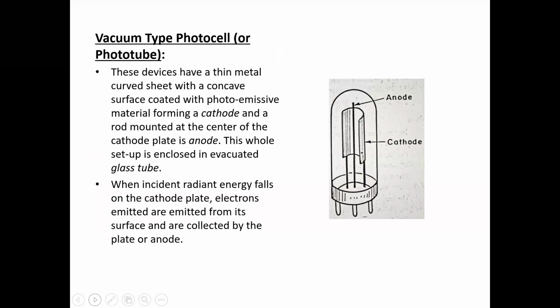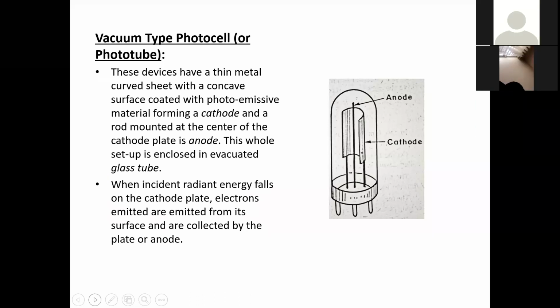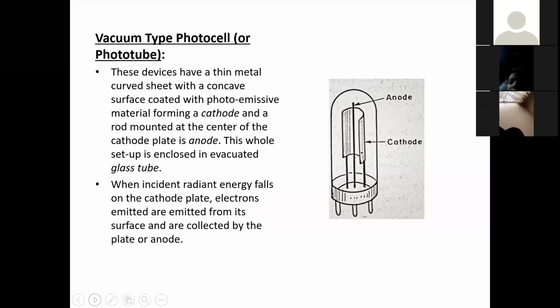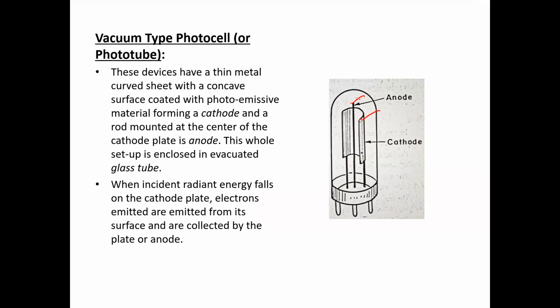For the vacuum type photocell, normally these are also called phototubes. Let me discuss the construction first. The construction is quite simple. There is a cathode terminal and an anode terminal, which are enclosed in a closed, actually evacuated, chamber.